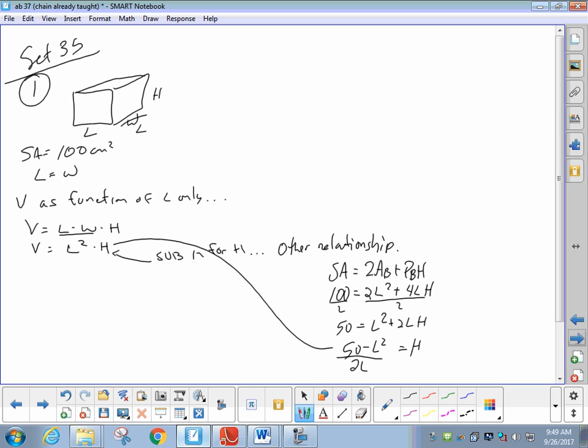So if I plug that in for h, then V is L squared times (50 minus L squared) over 2L. And I suppose you could drop an L out, although it's not really crucial that you do so because we're not going on with it. It doesn't have to be clean. All right, does that make sense?